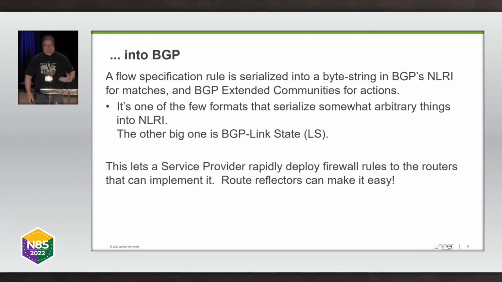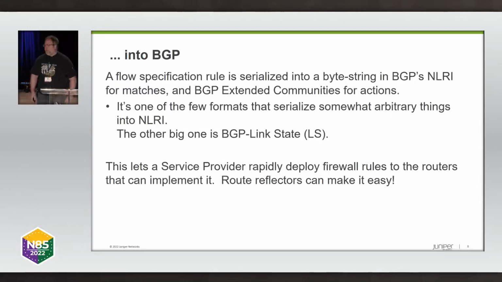In BGP, it's one of the very few things that we have that serialize arbitrary content, and it's not strongly structured. BGP link state is one of the few other things that does that sort of thing.